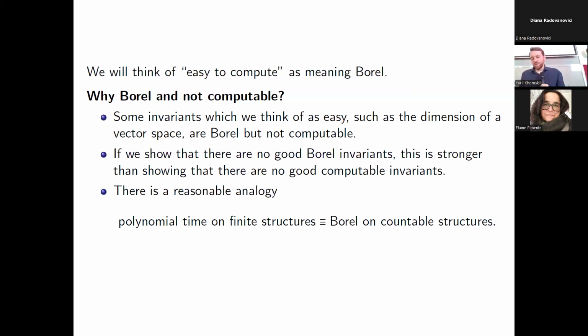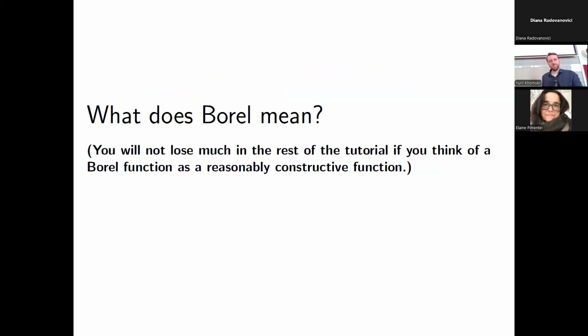But essentially, you should think that what you might think of as a reasonable construction is probably Borel, and things that are not Borel might be things that you don't think of as a reasonable construction. So think of it as some kind of generalization of a computation that may not actually be computable, but is reasonably describable.